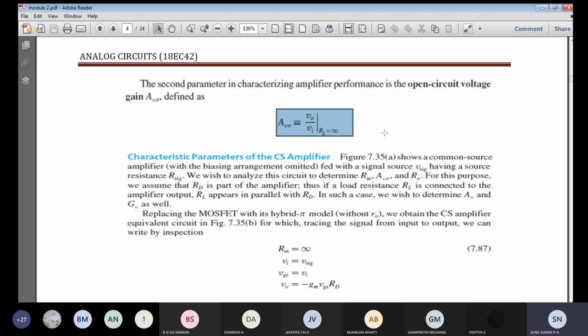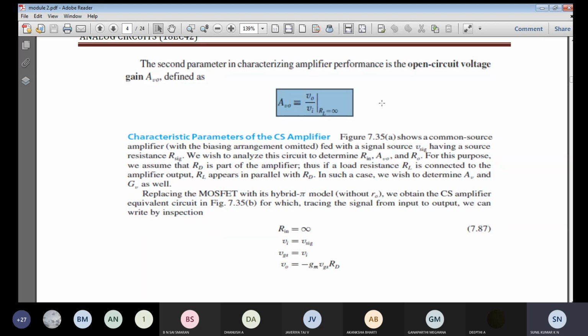Having understood this, we are going to start with the characteristic performance of the common source amplifier. We are going to move to the common source amplifier configuration now, because we have seen the 3 different configurations. The first configuration we are going to study is the common source amplifier with source resistance and without source resistance, and we will find the input resistance, the output resistance, the open circuit voltage gain, the overall voltage gain, and the voltage gain.